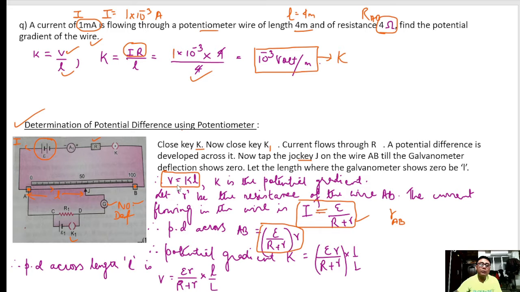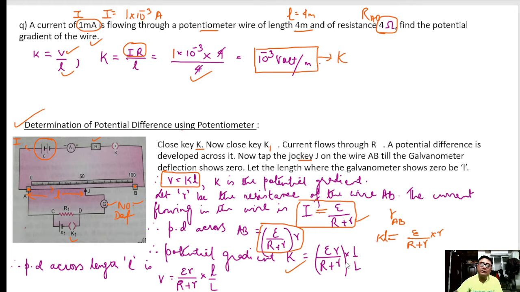Now what is the potential across the AB? That is KL. Potential across the wire AB is also KL. So using this, KL is also the potential across the wire AB, and which is equal to E by R plus r into R. So from here we are getting the value of K. Clear?